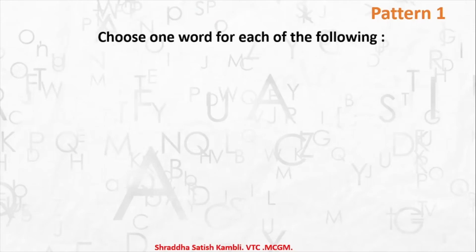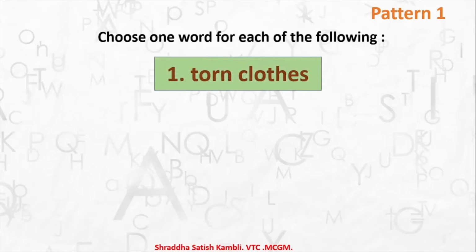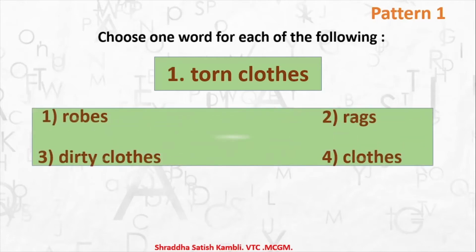Alright? Let us understand more about these patterns by taking a look at various examples. So let us start with pattern 1 and let us take a look at the first example here. Choose one word for each of the following. Example 1, a person with torn clothes. So what are torn clothes called? Are they called robes? Are they called rags?